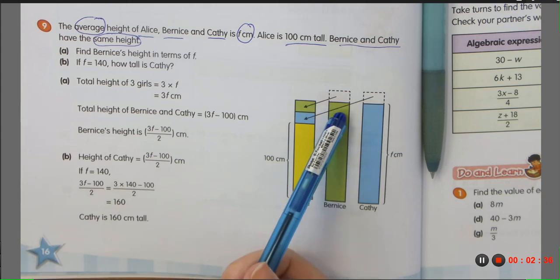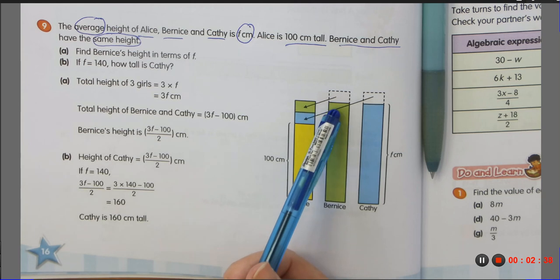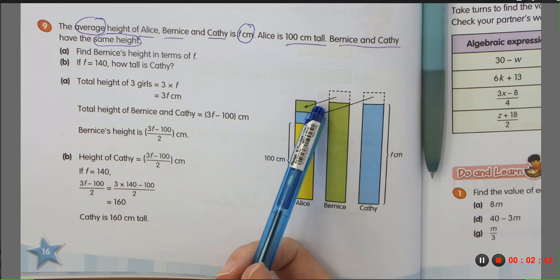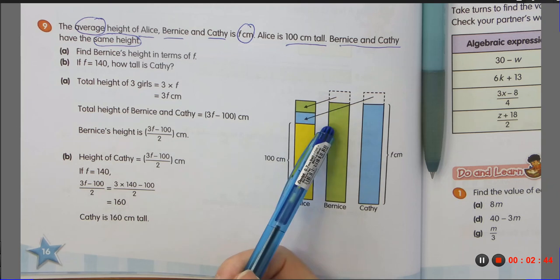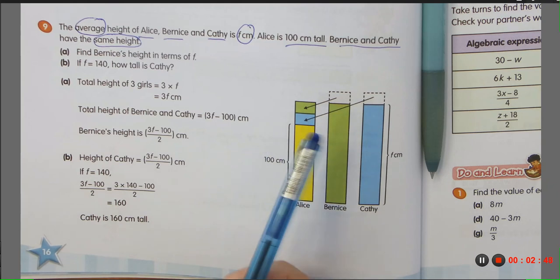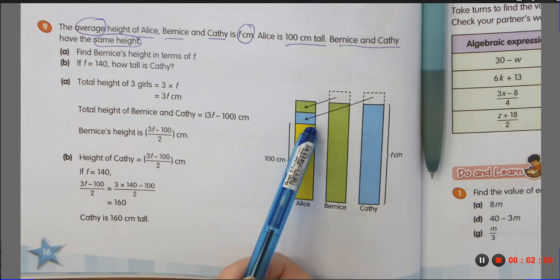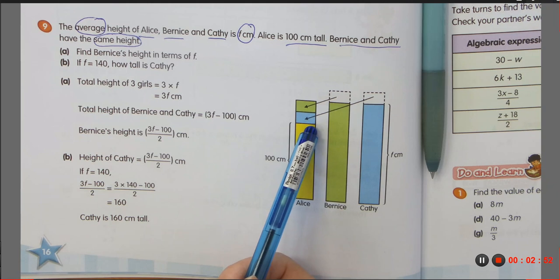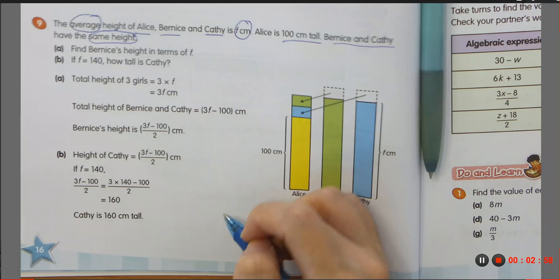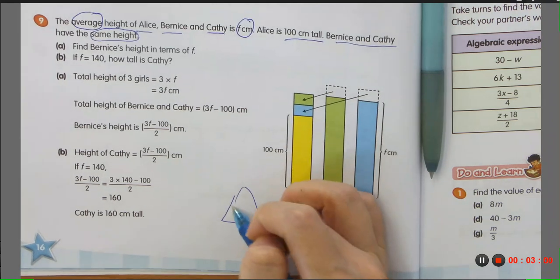Yes, so you see, last year when we learned average, I shared with you one method to find average. What is this method? Do you remember what this idea was? How to get an average? Most of us remember the triangle.